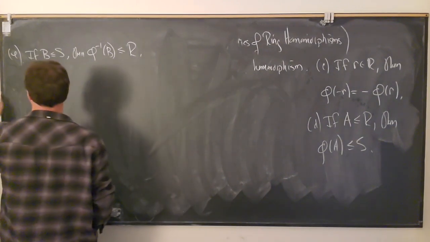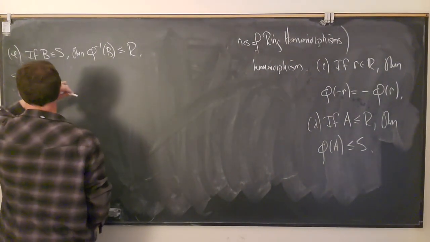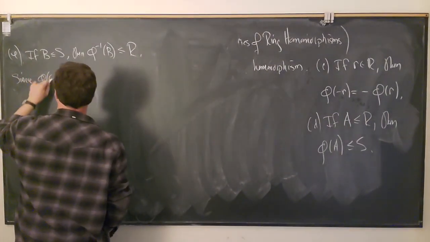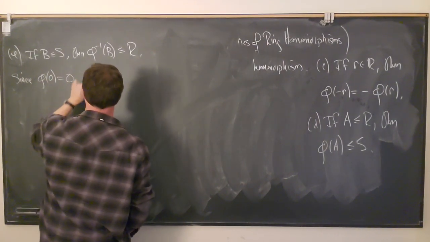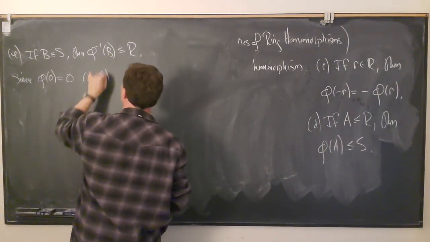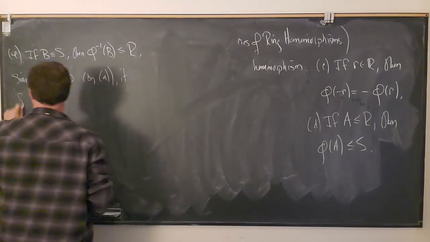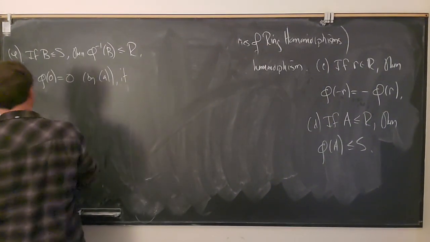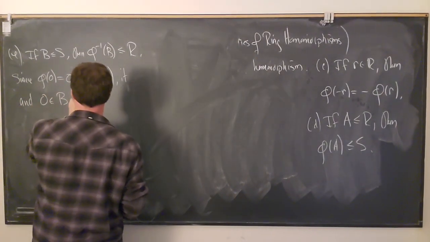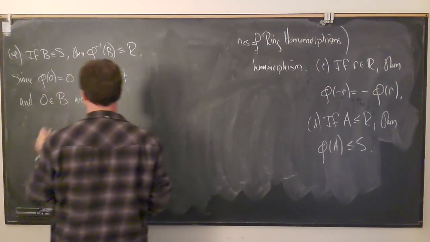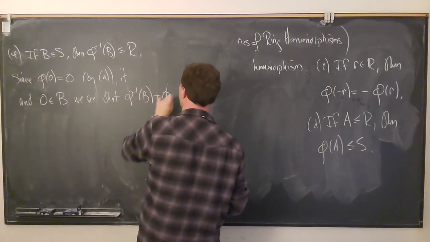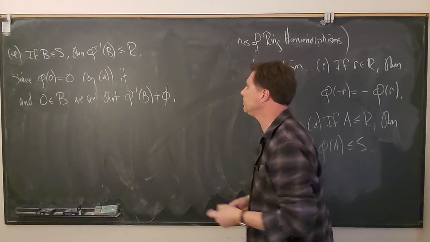So first, since phi of 0 equals 0 by part A, and 0 is an element of B, we see that the inverse image of B is non-empty, right? 0 is in there.